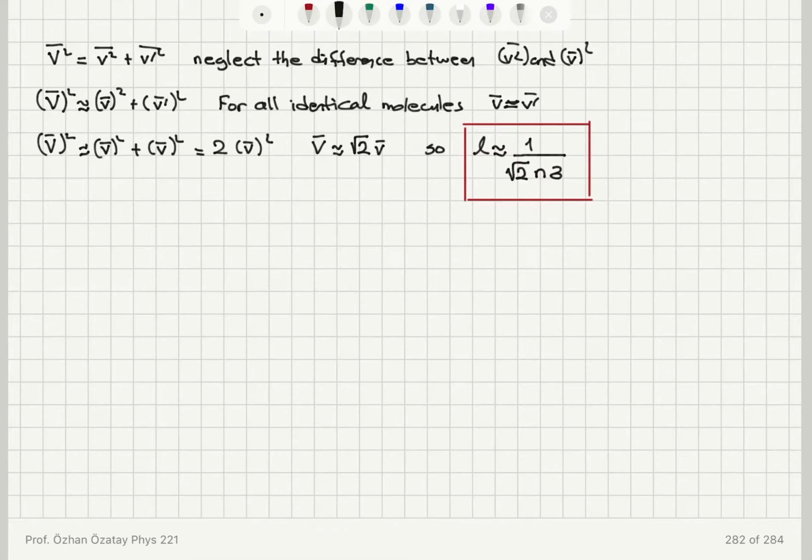So n is the number density, the number of molecules per volume, sigma is the total scattering cross section, and instead of n, if we have an ideal gas, we can use the ideal gas law.